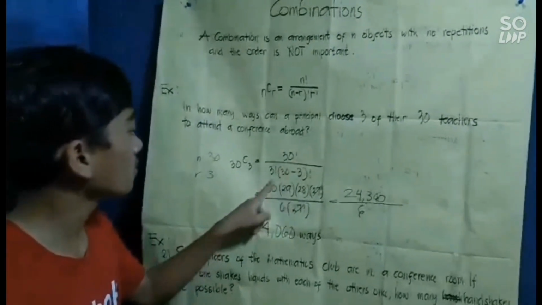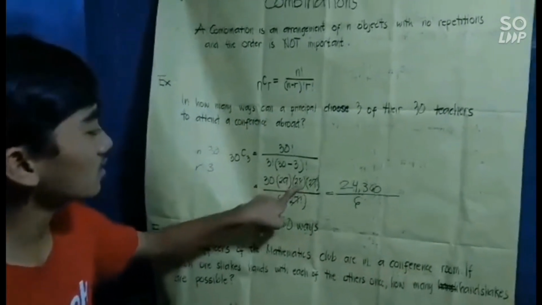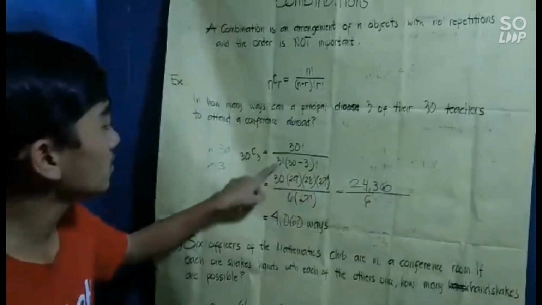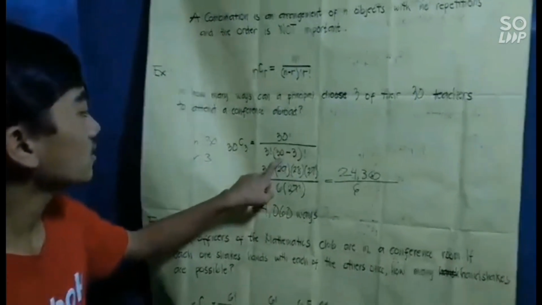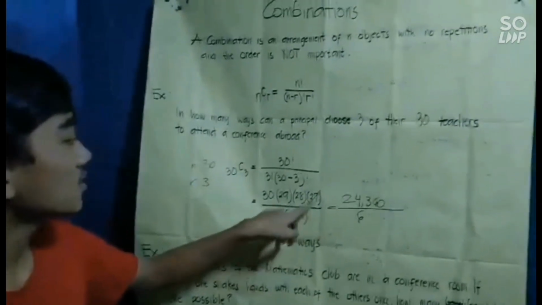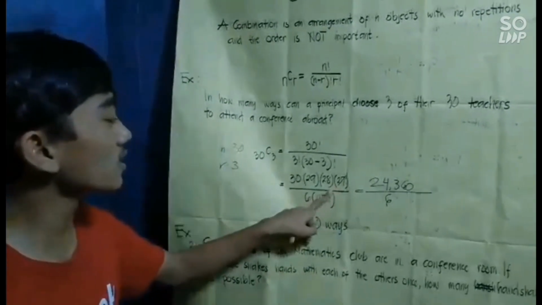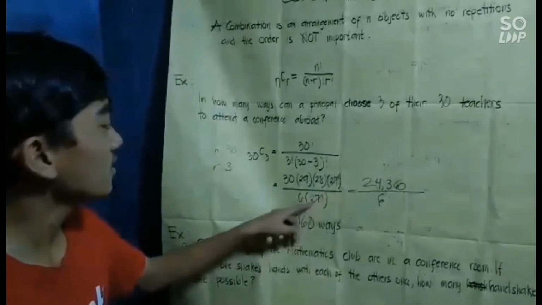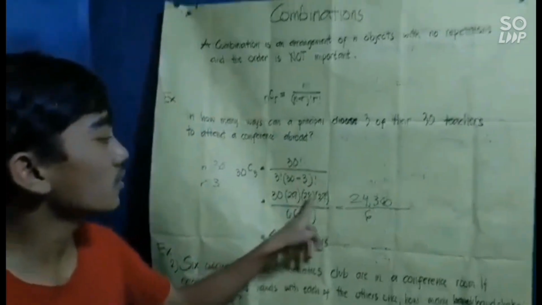That 30 factorial is 30 times 29 times 28 times 27, then 3 factorial is 6, then 30 minus 3 becomes 27. We will eliminate the same number.